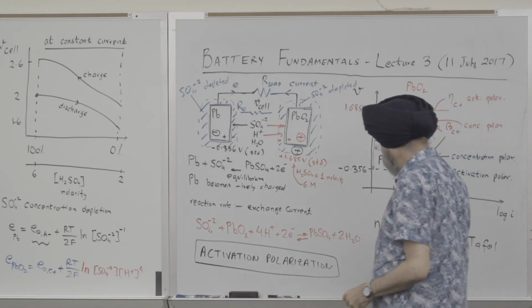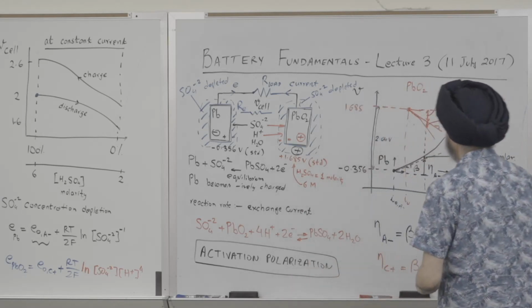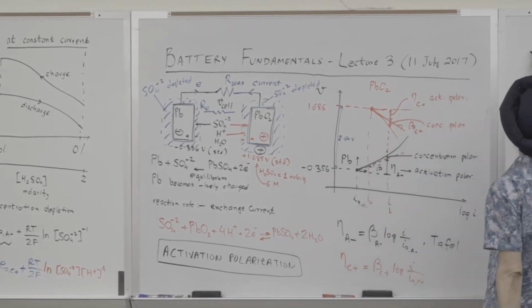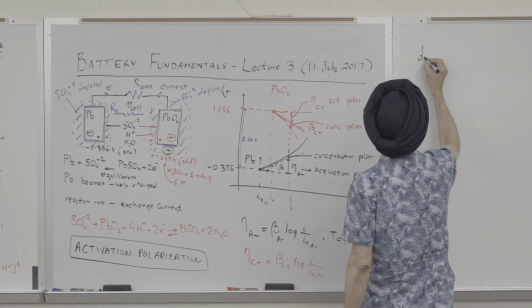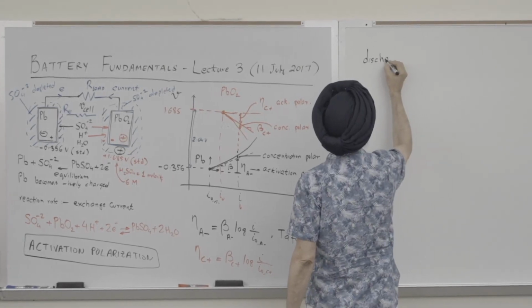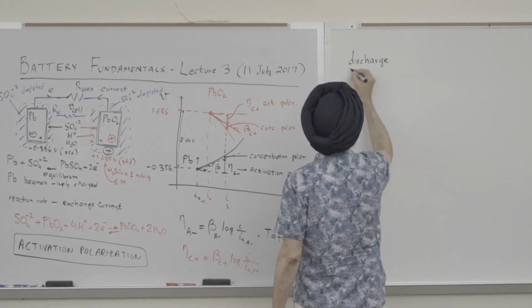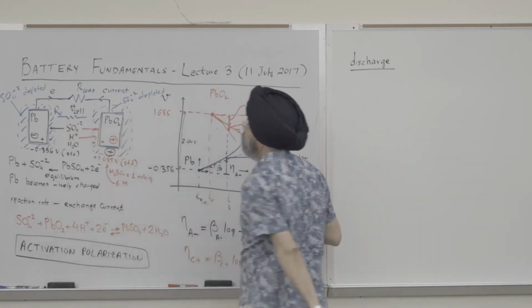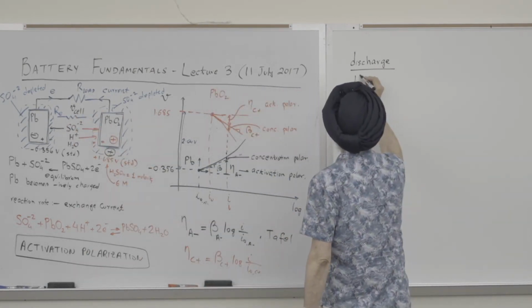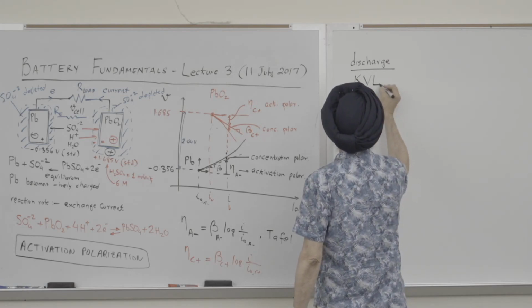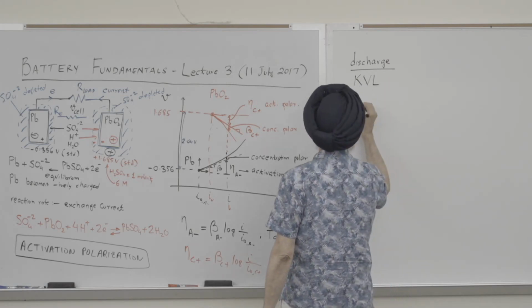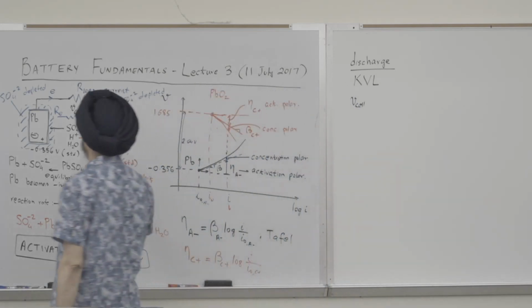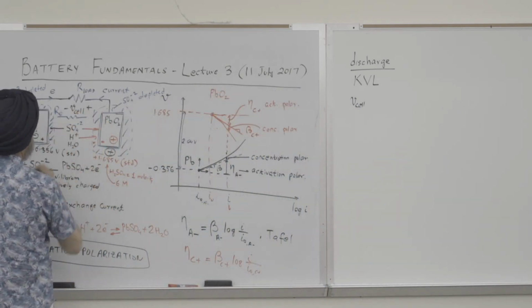Let's write that somewhere. If I can move the board to the right. We are discussing right now the discharge of the cell. So what is the cell voltage? Now we apply Kirchhoff's voltage loop. So we have V cell, and this side is positive, this side is negative.